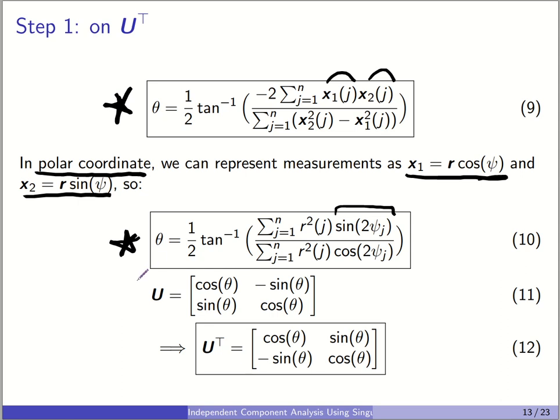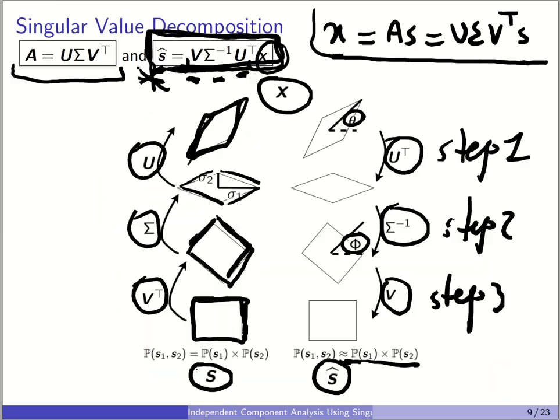Now U is a rotation matrix. Do you remember I said that U can be seen as a rotation matrix? This is the formula for a rotation matrix in 2 dimensions. It can be extended to any number of dimensions; it has a formula you can search on Google. But this is for rotation in 2 dimensions, and if we replace this theta in this matrix, then we will have U. But recall this figure, we want U transpose in step 1.